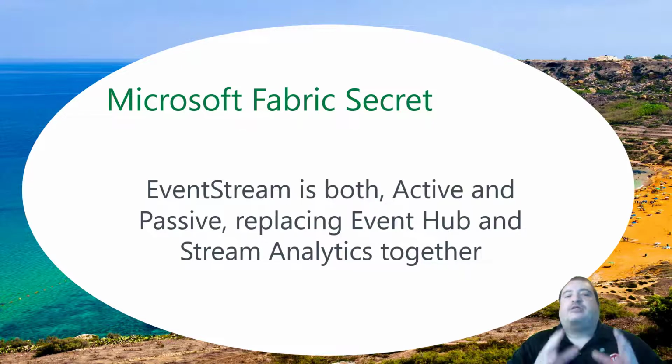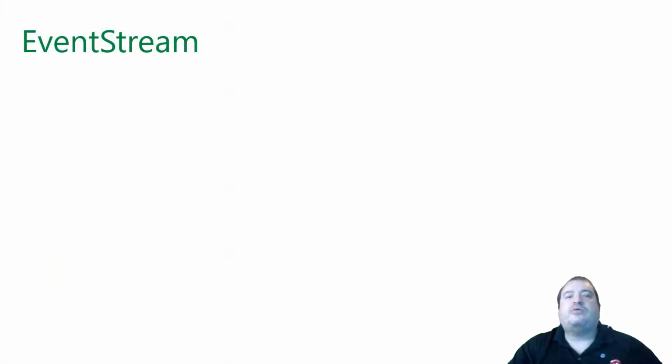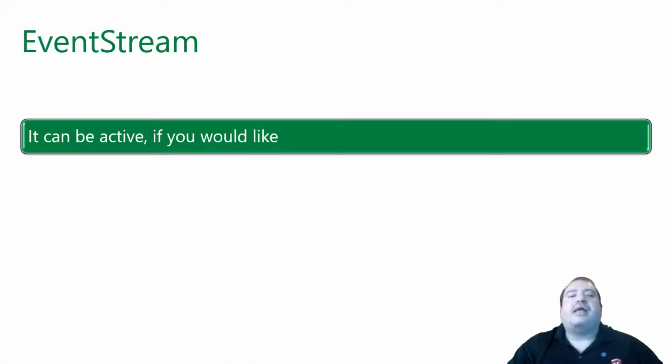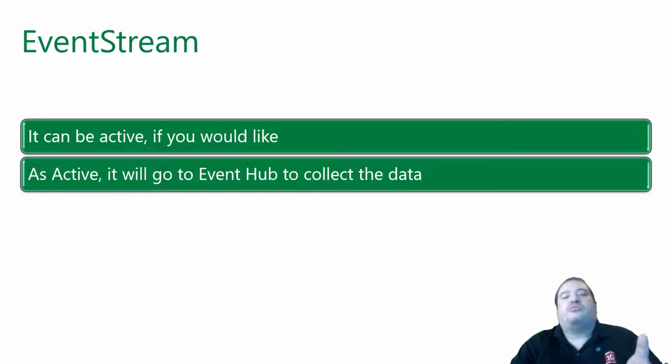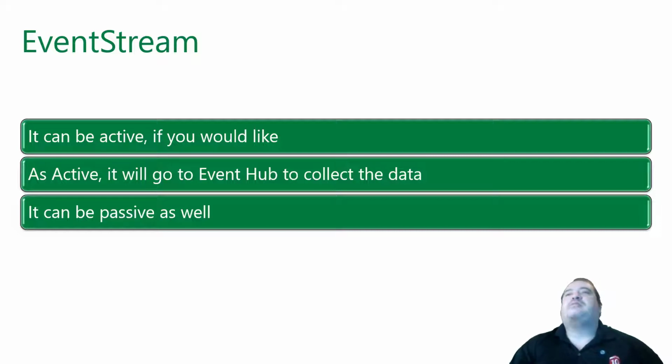The action of EventStream is something that we can choose, if it will replace both tools, only one of the tools, and so on. How does this happen? EventStream can be active if you would like so. As active, it will go to Event Hub and collect the data, but it can be passive as well.